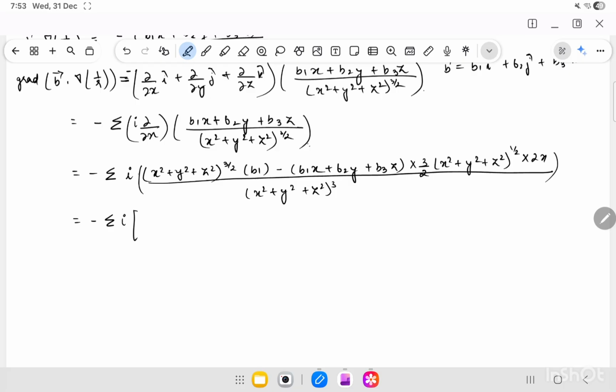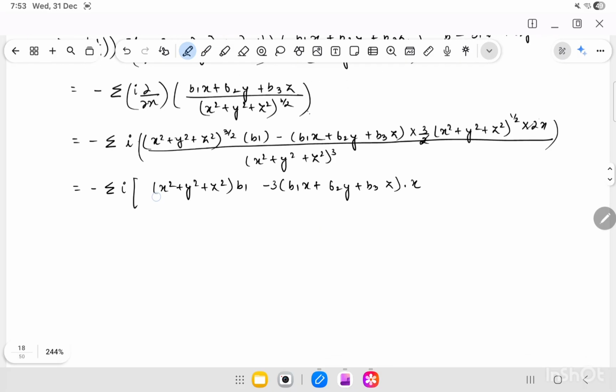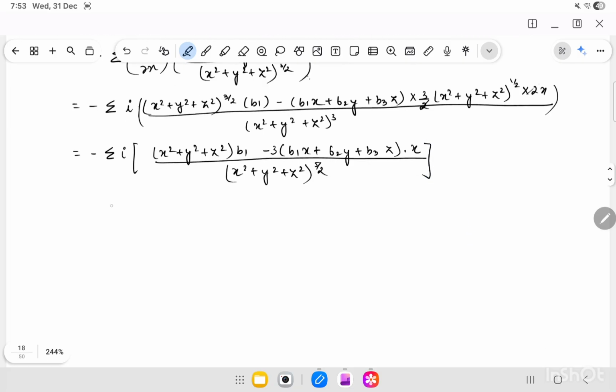From this numerator term we can pull out (x square plus y square plus z square) raised to 1 by 2. So we'll be left with (x square plus y square plus z square) times b1 minus (b1 x plus b2 y plus b3 z) times, this 2 balances this one, x, divided by (x square plus y square plus z square) raised to 5 by 2.